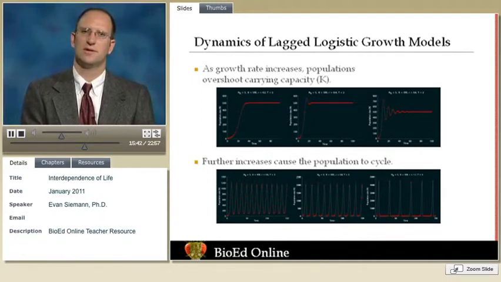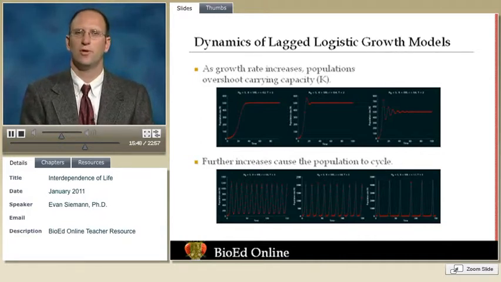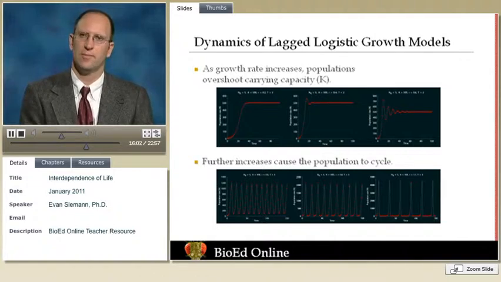For instance, a deer may breed during a time when food is abundant. By the time the fawn is born, food resources might be extremely limiting. In that case, the population could have a high number of births at a time when carrying capacity has already been exceeded.